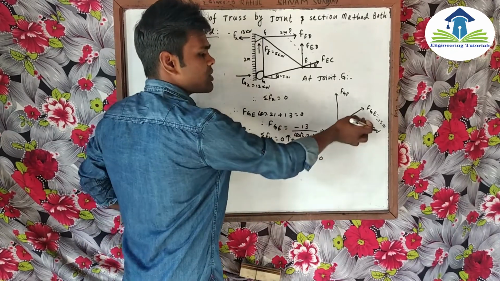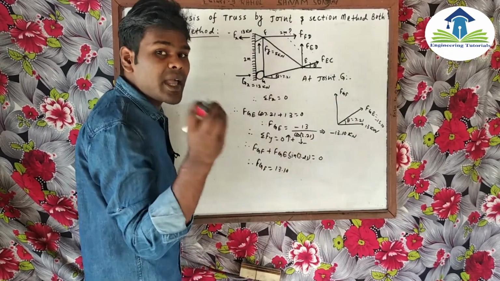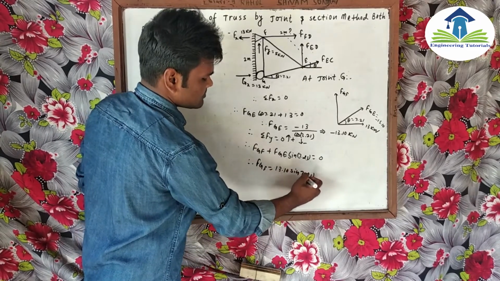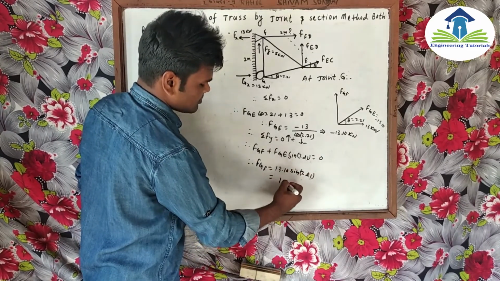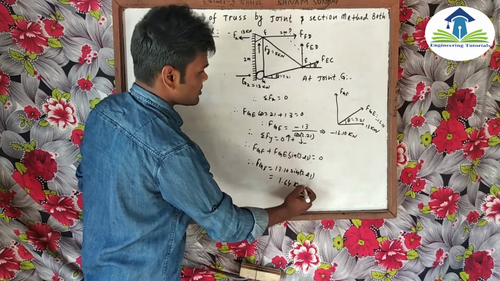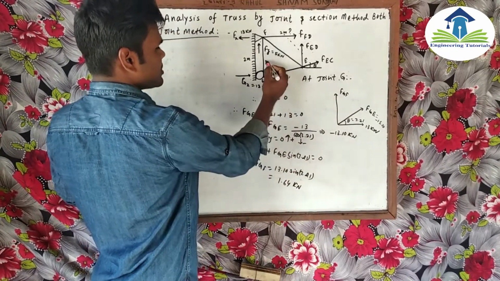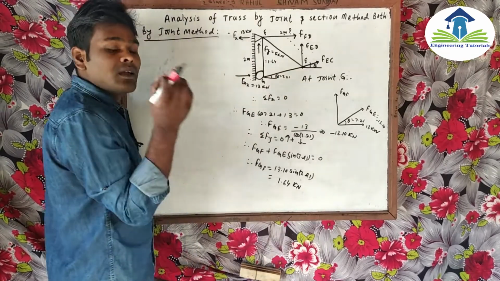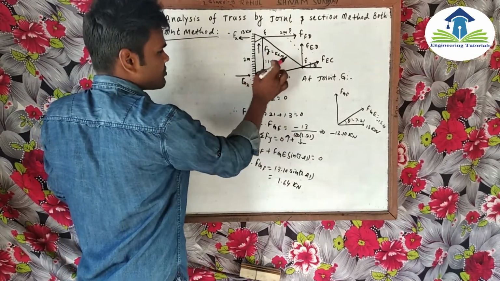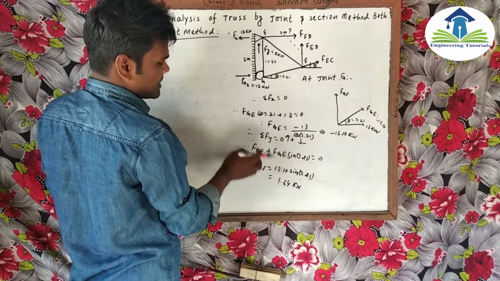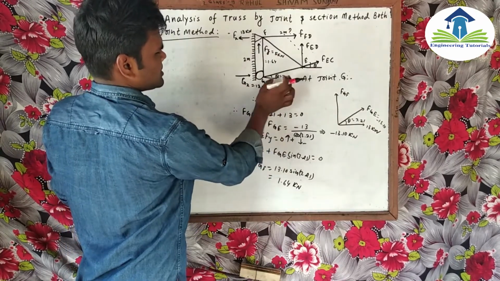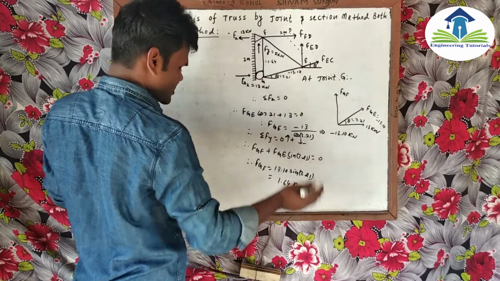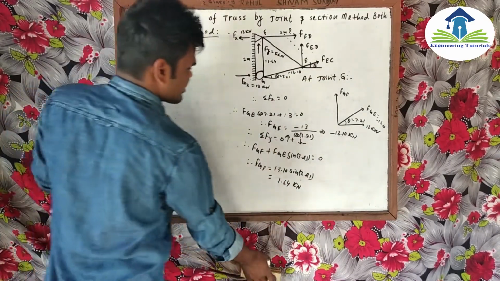If we put the value of FGE, this becomes minus times minus, positive. So 13.10 sin 7.21 gives 1.64 kilonewton. The force in this member is 1.64, and the value of FGE is minus 13.10.